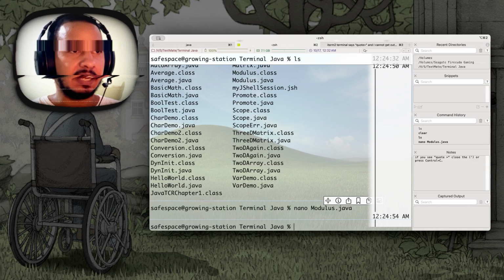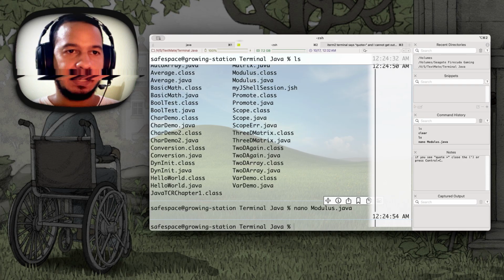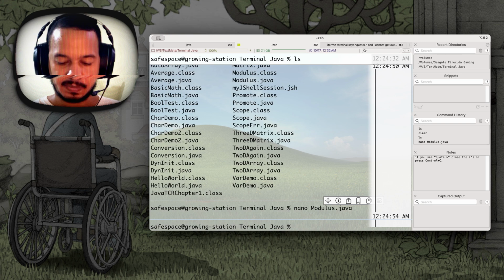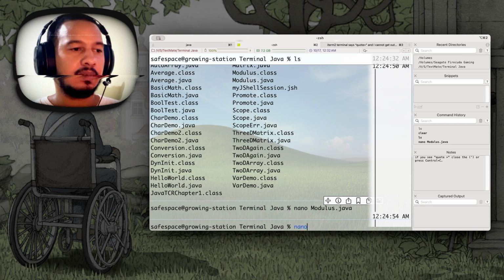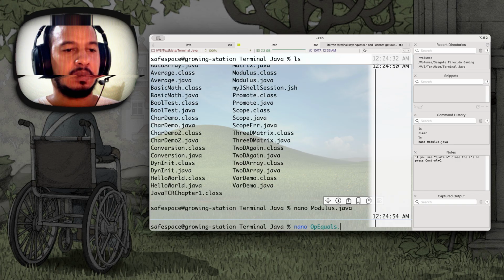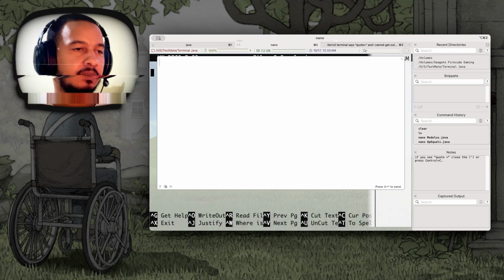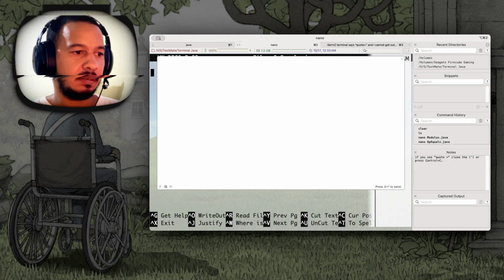So for some reason, after shell integration, I cannot open the composer, and I'm not sure why. And that sucks. So let's just do nano Op equals .java. Oh, here we go. Well, I wish I didn't have to do all that, but anyway.